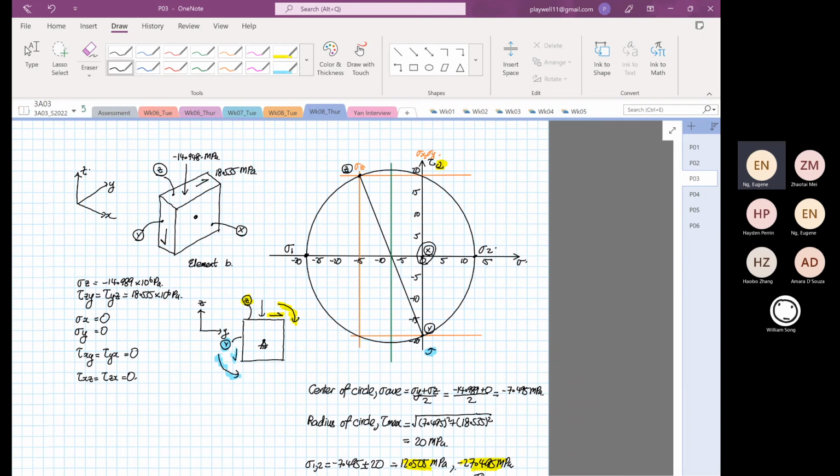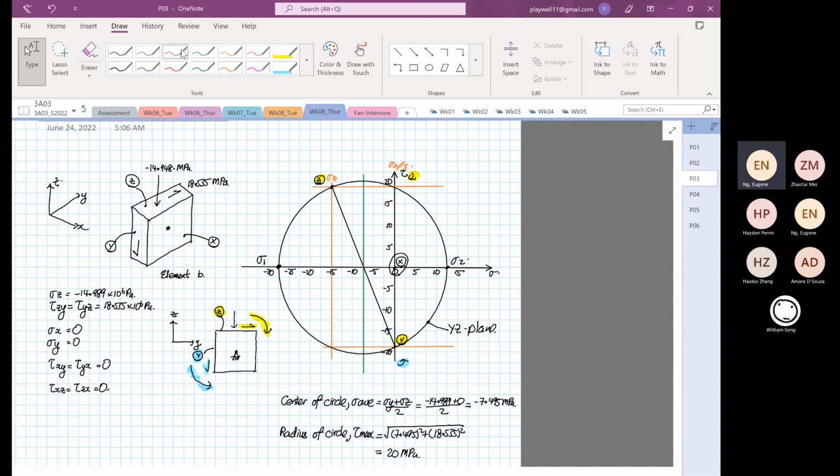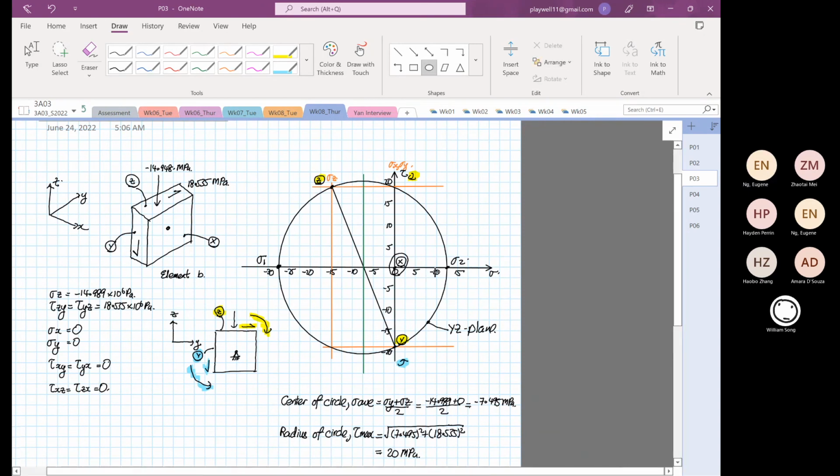This first circle is for the YZ plane, because it touches point Y and it touches point Z. The next circle that I'm going to draw touches the X point and the other principal stress.